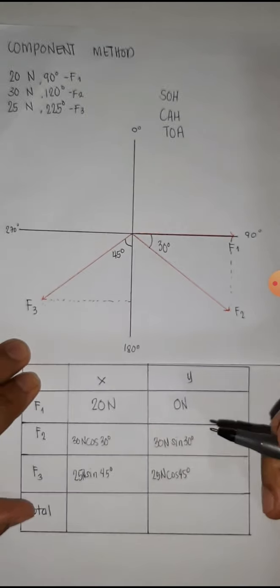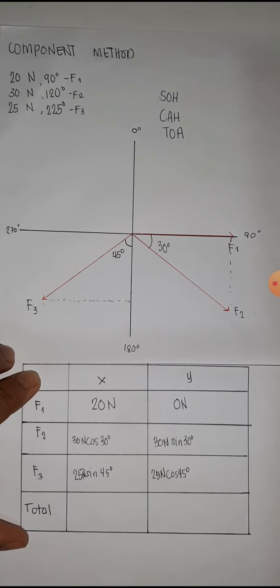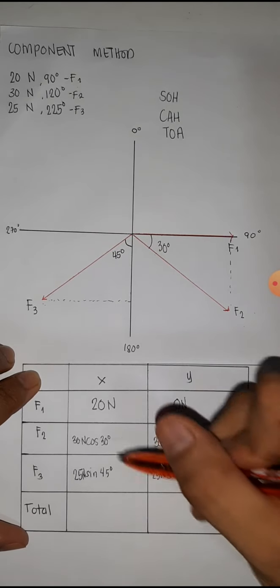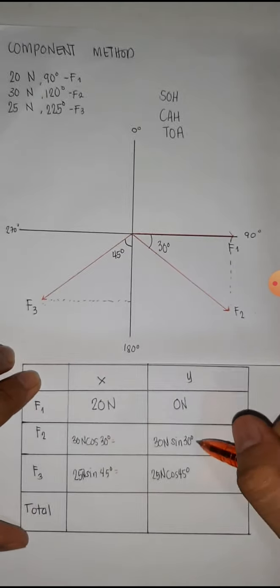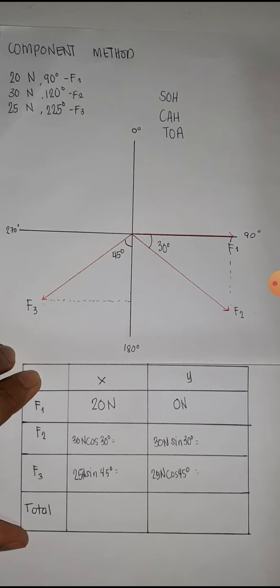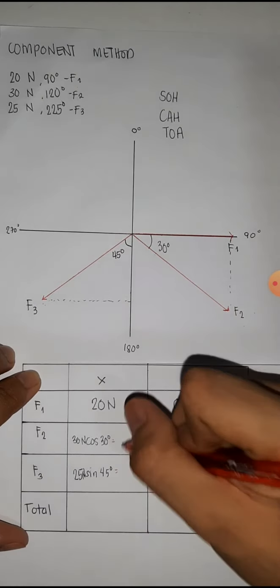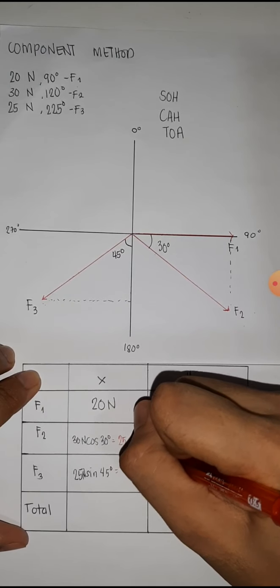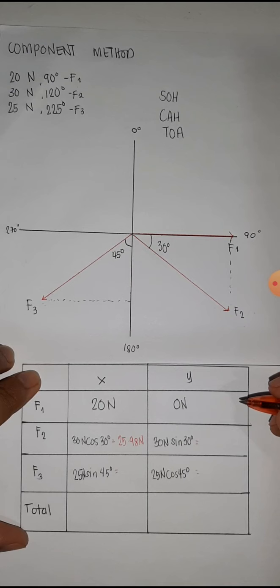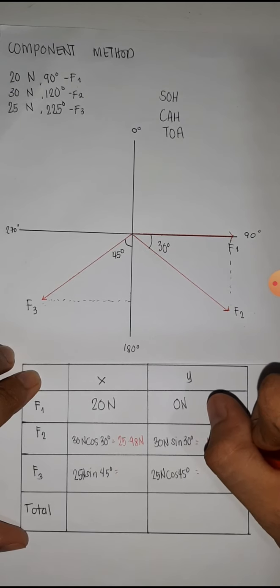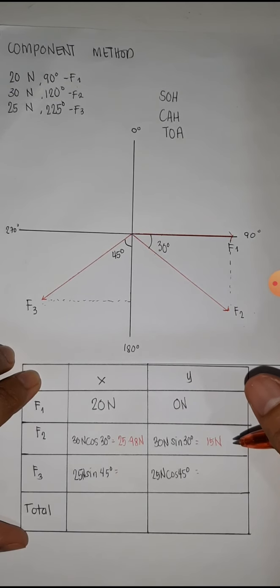This is not yet the answer for the x and y components, since we need to get the calculated values. 30 Newton cosine 30 is equivalent to 25.98 Newton. 30 Newton sine 30 is equivalent to 15 Newton.